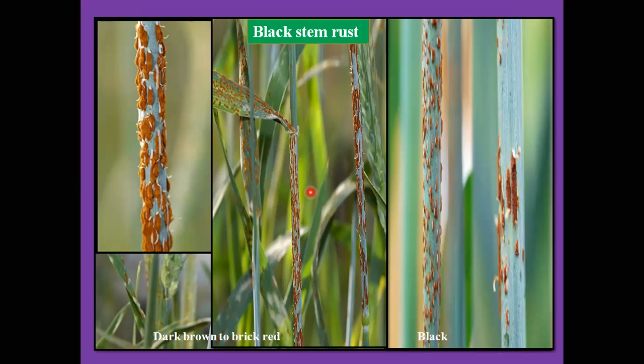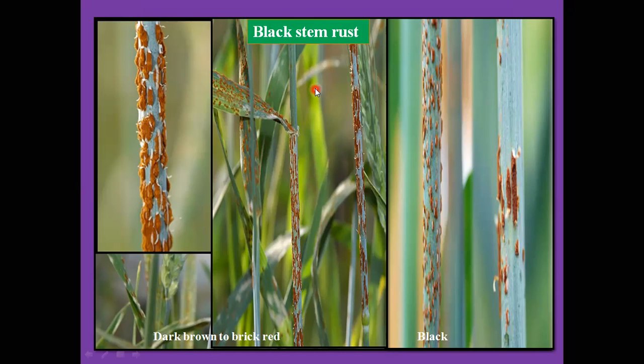Yellow rust or stripe rust cannot be seen there because this type of rust is generally seen in the cooler parts of India, especially in Uttar Pradesh and some parts of Punjab. So in Maharashtra, only two types of rust are seen: brown rust and black stem rust. First of all, we see black stem rust disease.